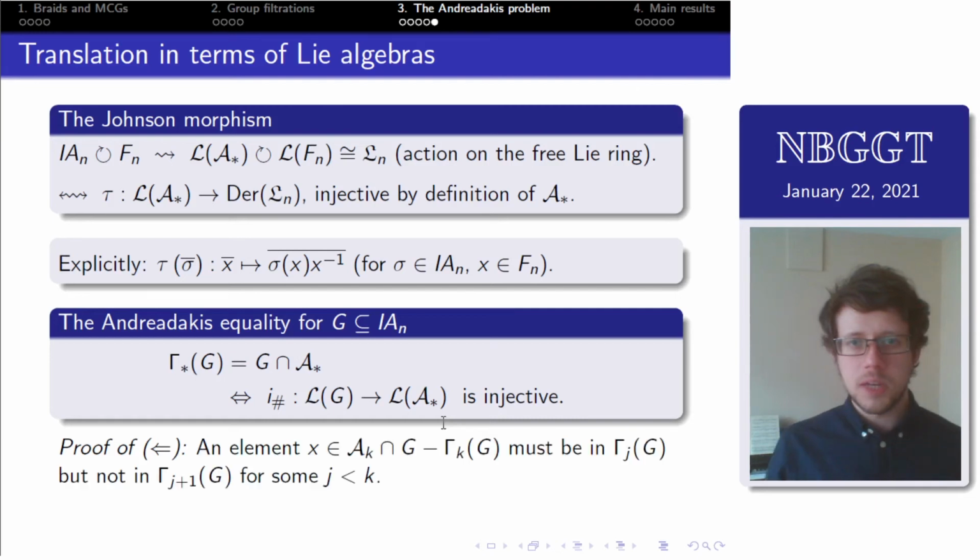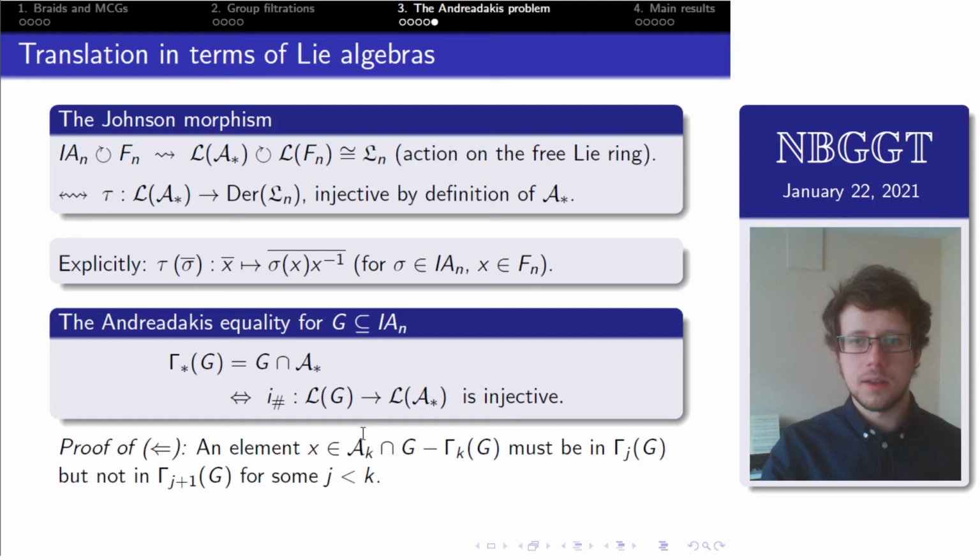So if you take an element which is a counterexample to this equality here, so which is in the kth term of the Andreadakis filtration restricted to G, but not in the kth term of the lower central series of G, then this element must be in some gamma j and not in gamma j plus 1 for some j less than k.